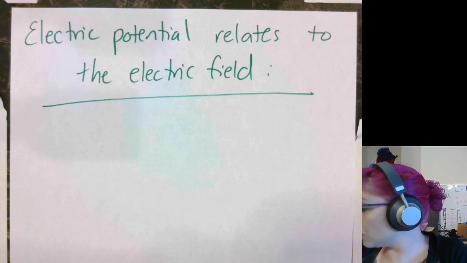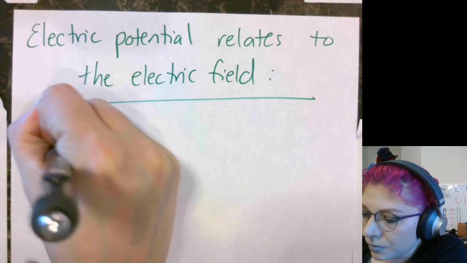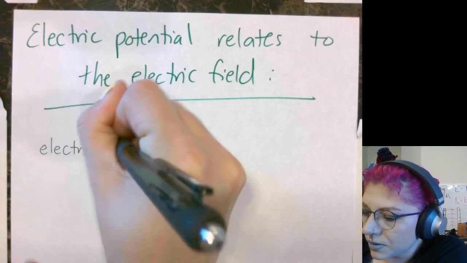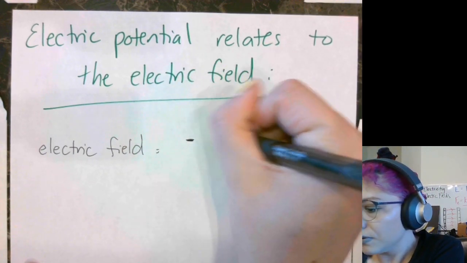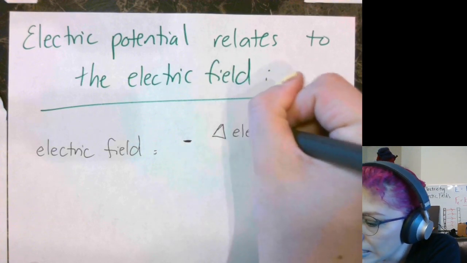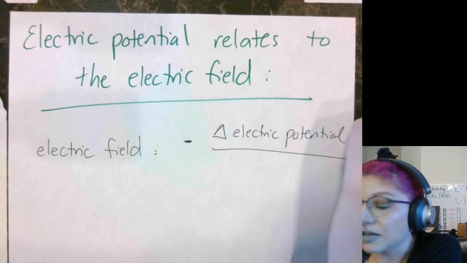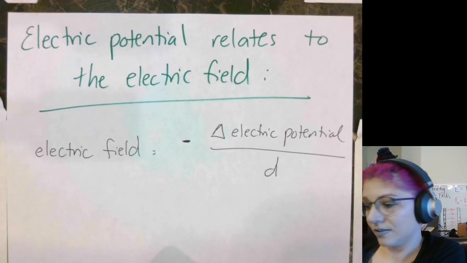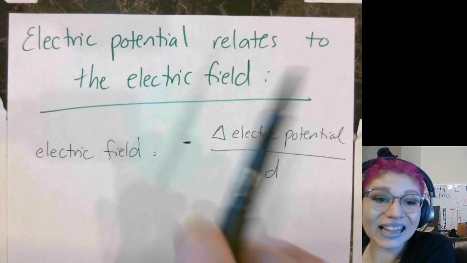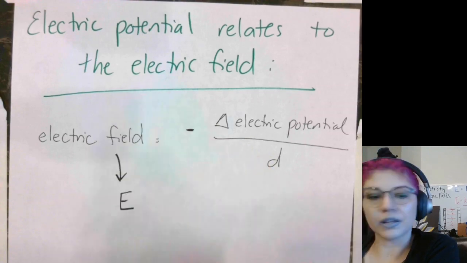First, I'm going to give you an equation, and then we're going to dissect it. So the electric field is equal to the negative change in the electric potential, so the energy change, over the distance. And when I rewrite that with variables, I have E for the electric field.